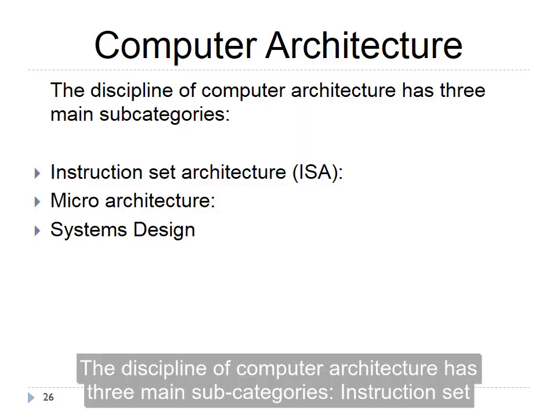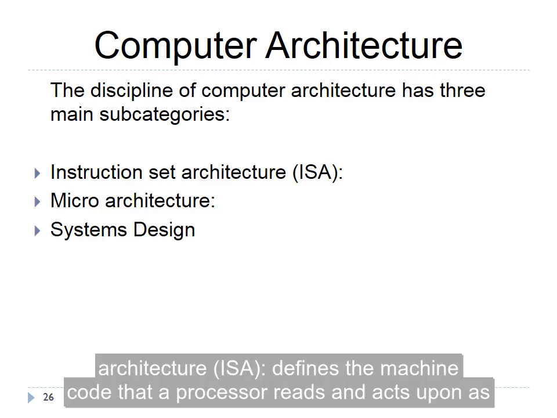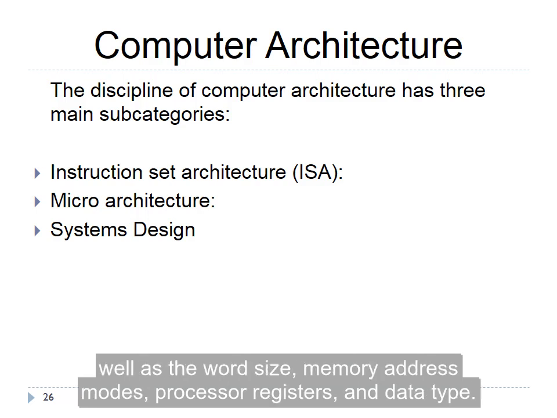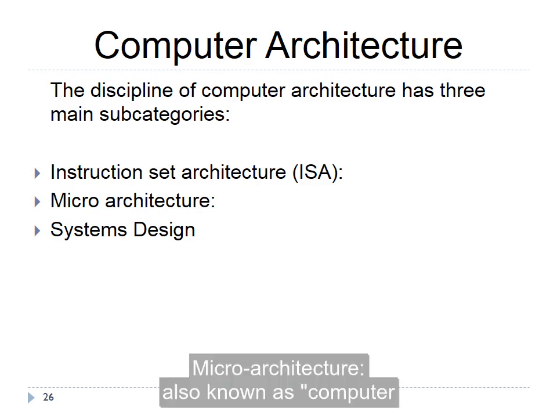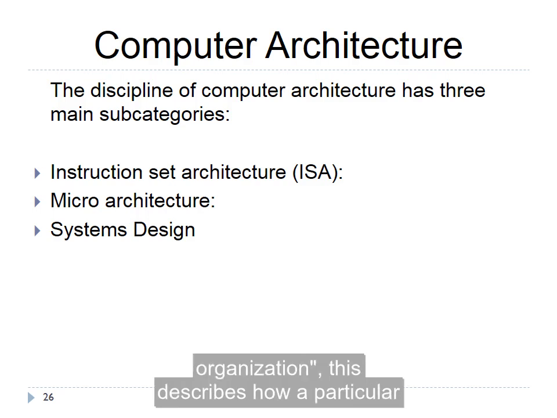The discipline of computer architecture has three main subcategories. Instruction set architecture, or ISA, defines the machine code that a processor reads and acts upon, as well as the word size, memory address modes, processor registers, and data types. The second is microarchitecture, also known as computer organization.